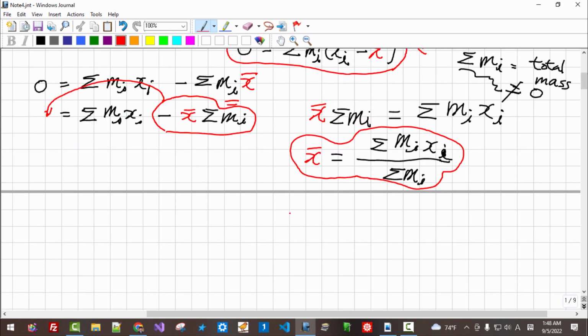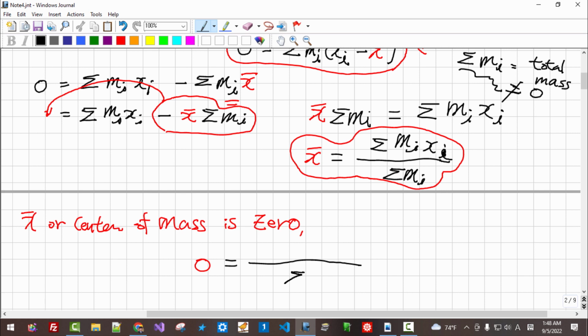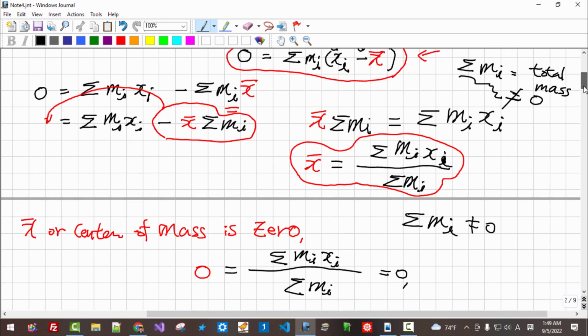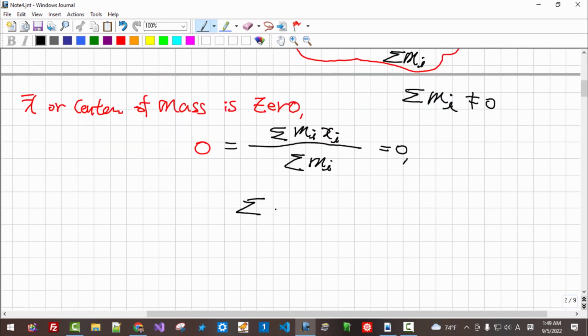In this expression, if x bar is 0, then 0 equals sigma mi xi over sigma mi. Since the total mass cannot be 0, we should conclude sigma mi xi should be 0.